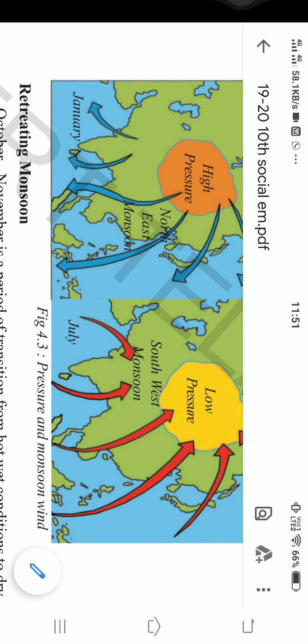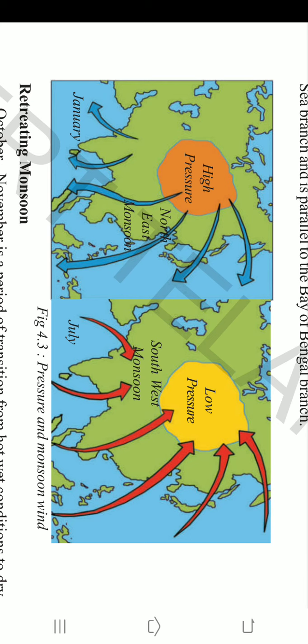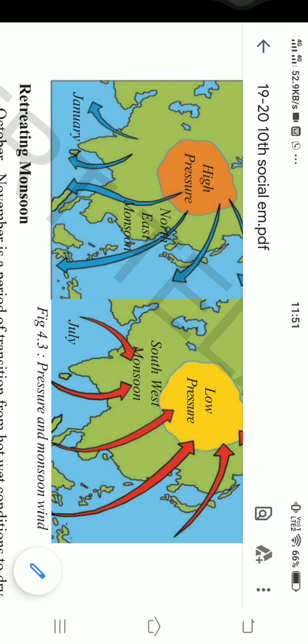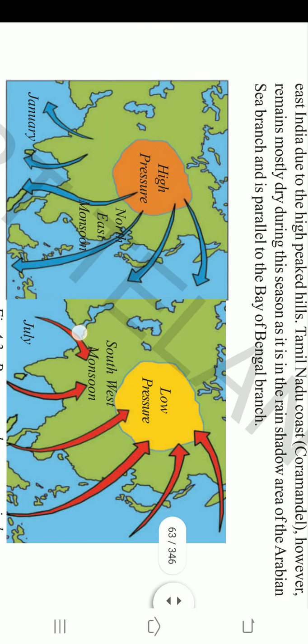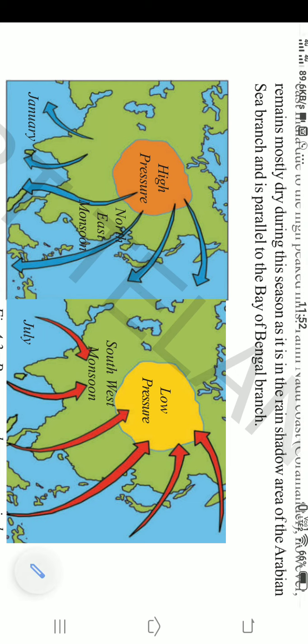Actually, those are southeast direction, but after crossing the equator, it becomes southwest direction, and they blow from the Indian Ocean to the Indian subcontinent. What is there to the south of India is the Indian Ocean. So winds blow from the Indian Ocean to the Indian subcontinent.